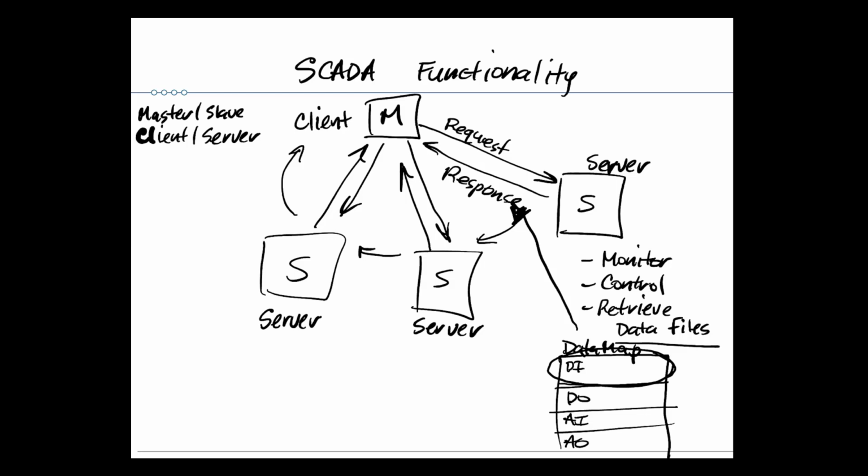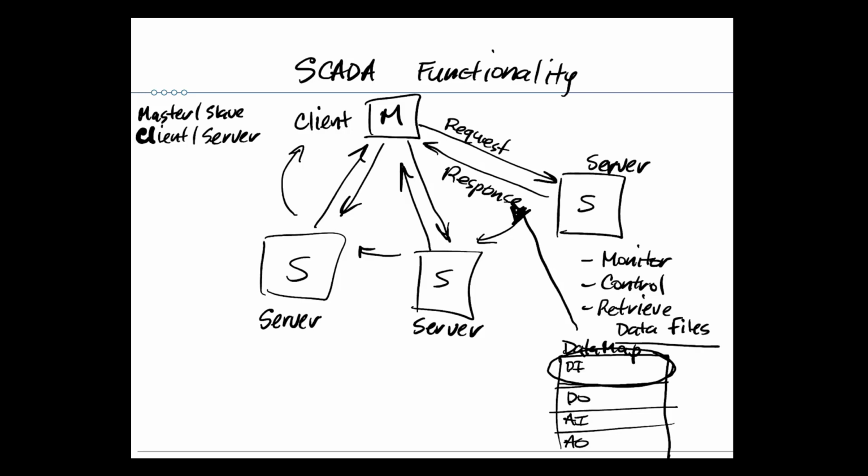Is the breaker tripped or closed? Is the switch open or closed? Is the gate open or closed? Doors or valves or whatever. What is their status? Is it open or closed? On or off? 0 or 1?